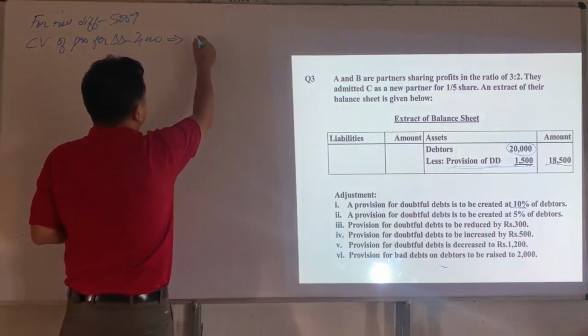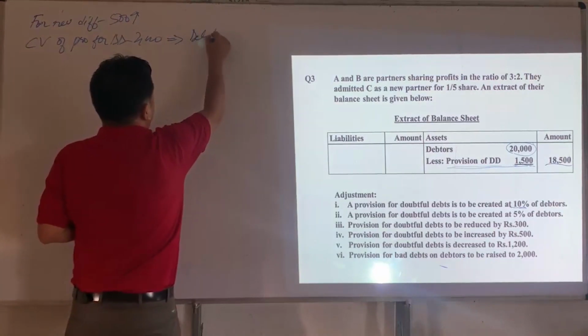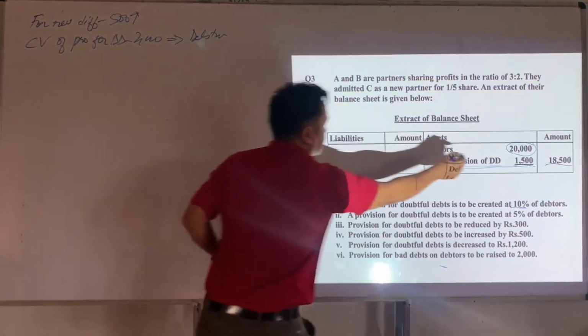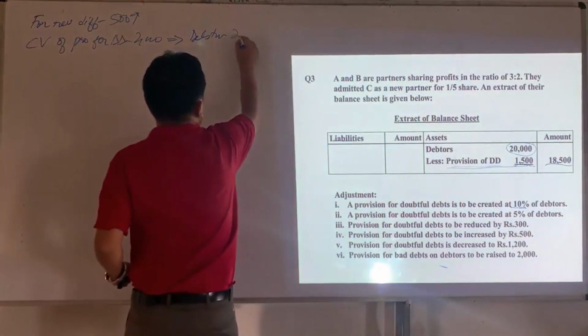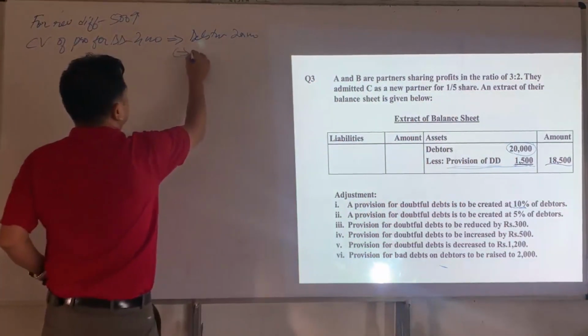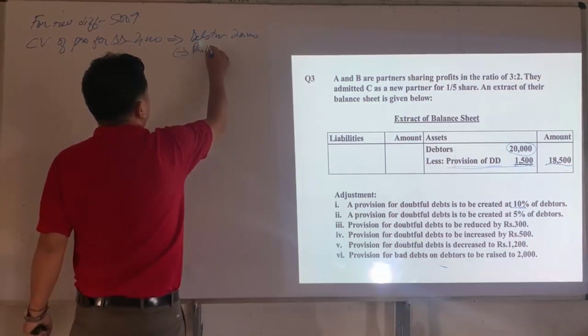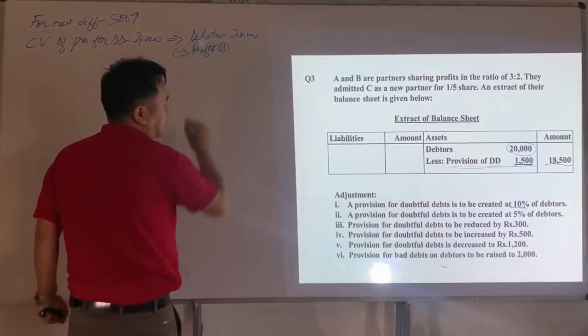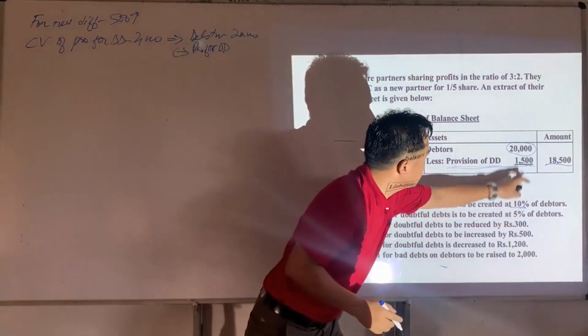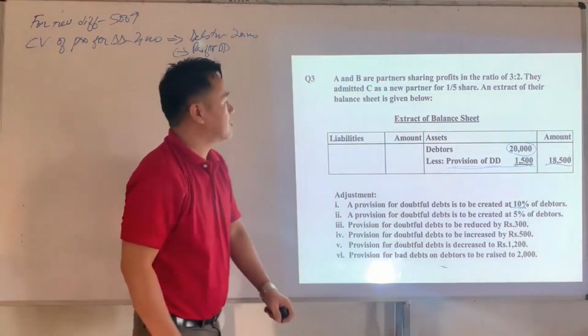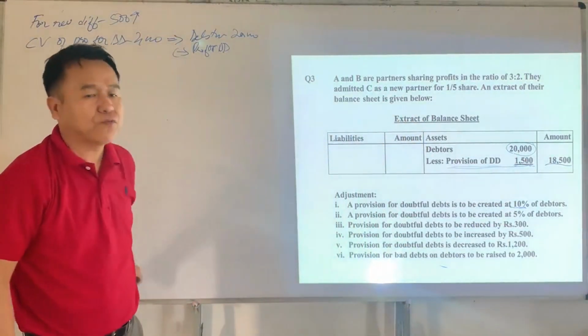It will be given like this, the new balance sheet. What is the value of debtor? 20,000. 20,000 minus new provision. Provision for doubtful debt. What is new provision? What is 10% of 20,000? 2,000. So 2,000 is new provision for doubtful debt.